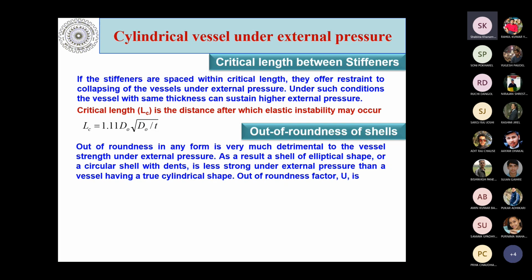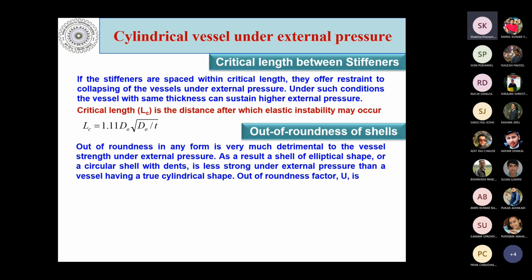So if the shell has an elliptical shape, or a cylindrical shape with a dent, where any type of irregularity in circumference is observed, we count that as out of roundness. If it is a true cylindrical shape, we consider that roundness is proper, and if it is not rounded properly, it is out of roundness.